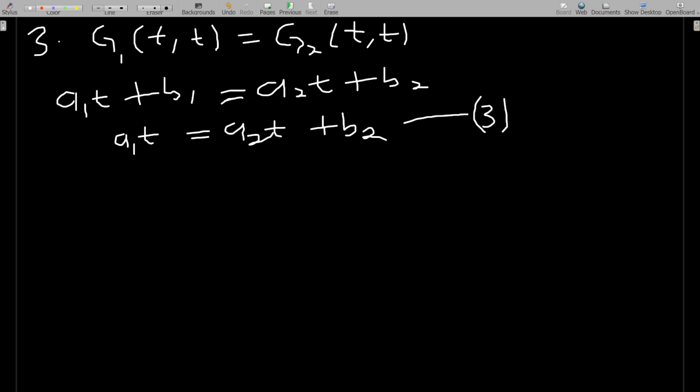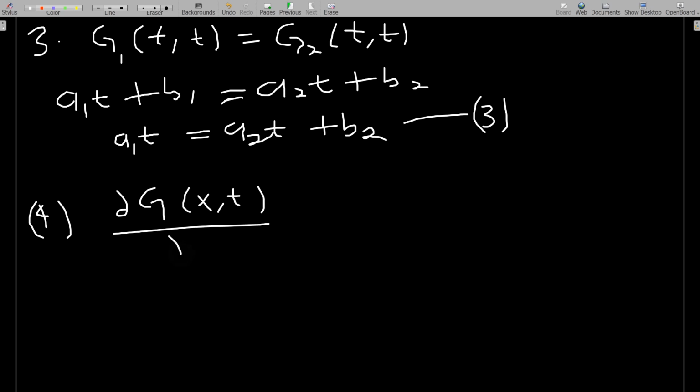Now with the fourth point, in particular with the second order ODE or second order BVP, we say del G of x,t over del x at the point x equals t should be equal to minus 1 over p of t.